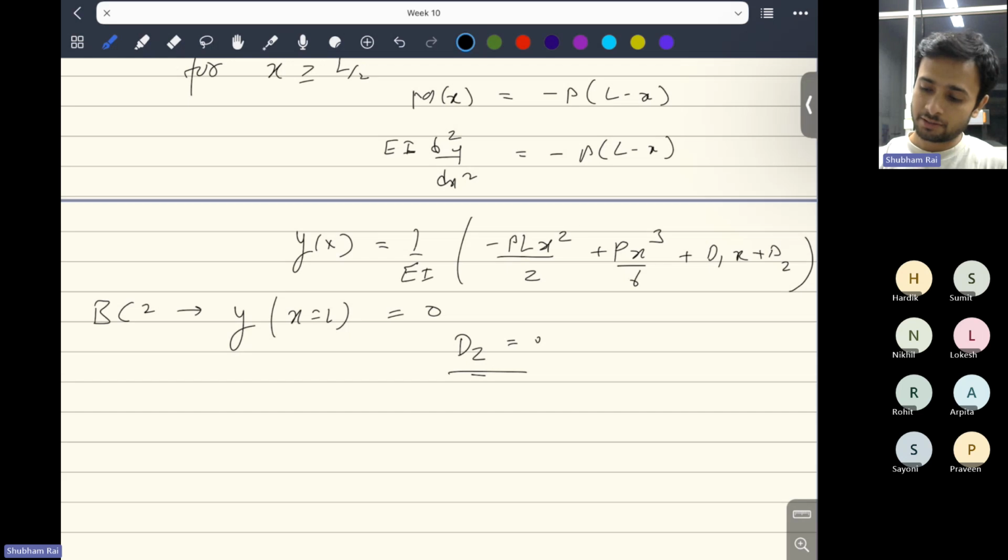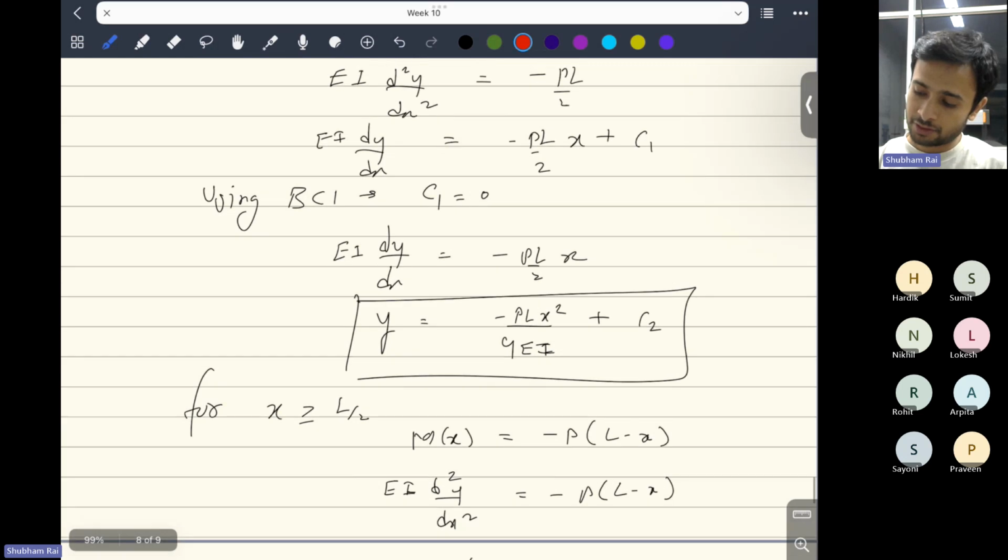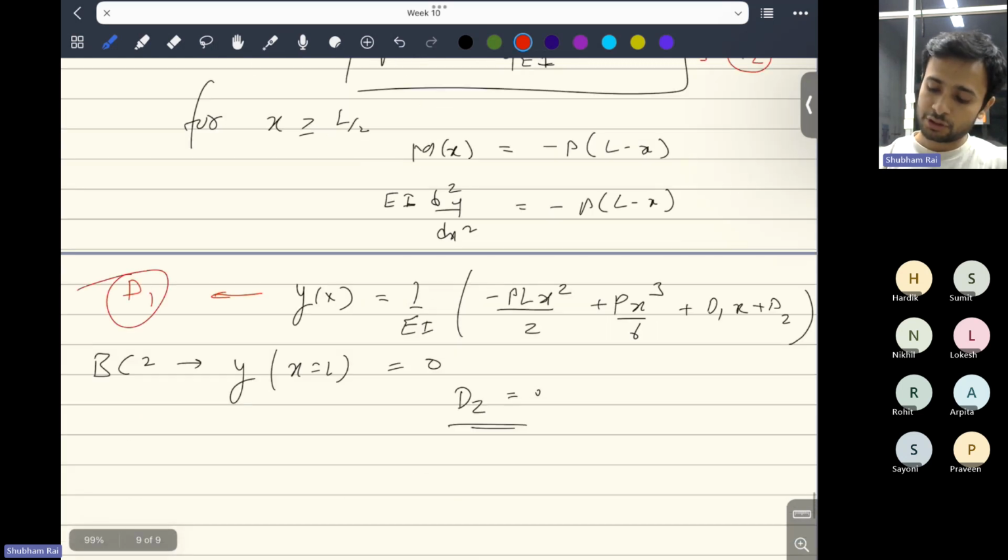So in this equation, you are left with d1 because d2 you already found out, and in this equation you are left with c2, right? So you have two more unknowns. These two unknowns will be found out by using the continuity condition that I was discussing.